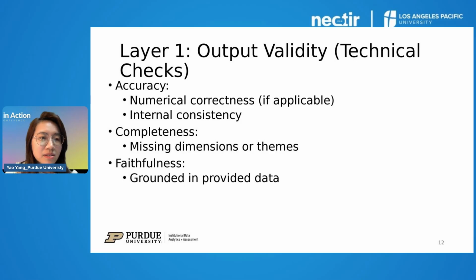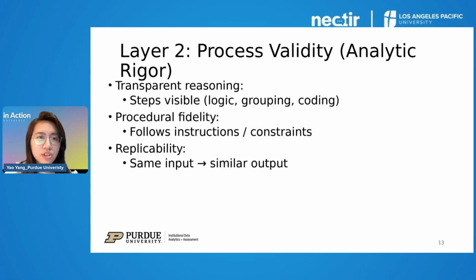The next validity we got to check is the process validity. What does it mean? So the process validity focuses on the quality of the analytic process, not just the final output. First, we check the transparent reasoning. We want the steps to be visible, including how the AI groups data or identifies themes. Second, we check the procedural fidelity.